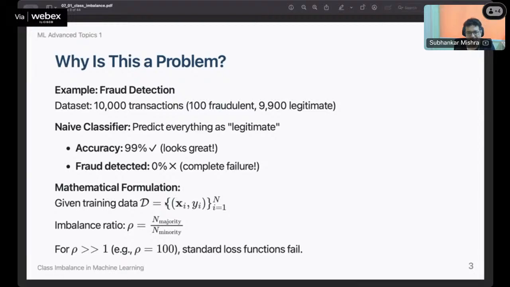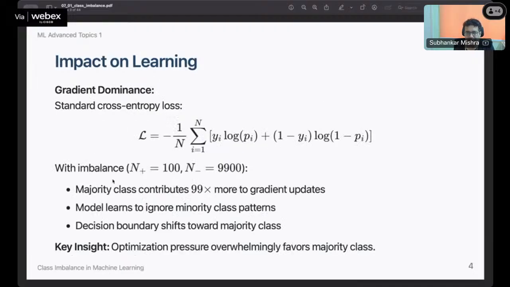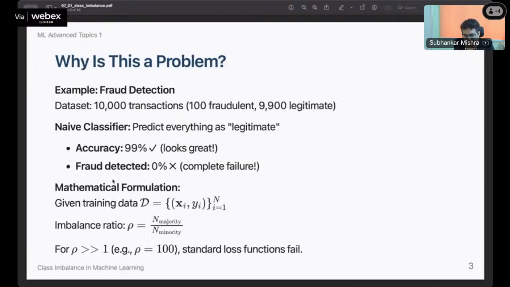Now, all the fraud transactions are going through, and then the entire financial system fails. Now, if we just look at the math, just before we go there, the training data is D. I have observation xi, I have a label yi, and I have the imbalance ratio, which is the number of majority examples divided by the number of minority examples.